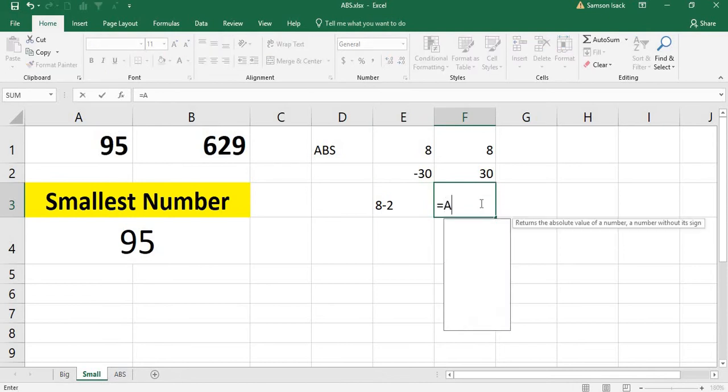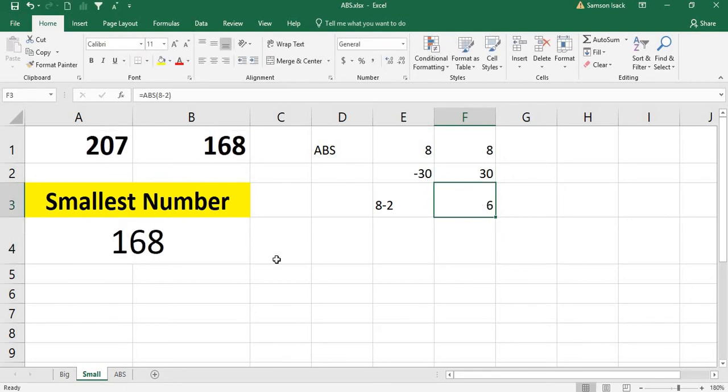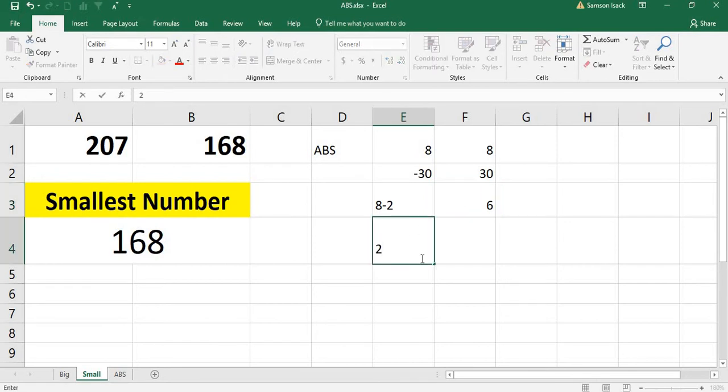ABS of 8 minus 2 gives you 6, which is positive. Now 2 minus 30, which is minus 28.